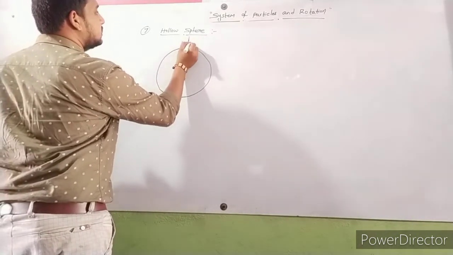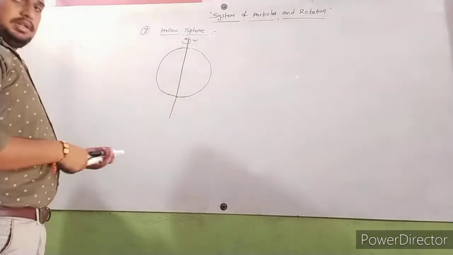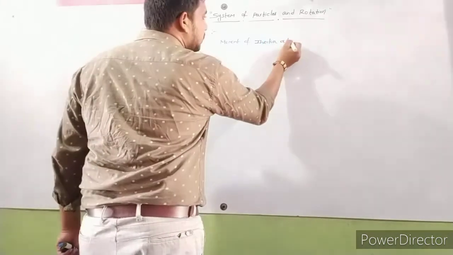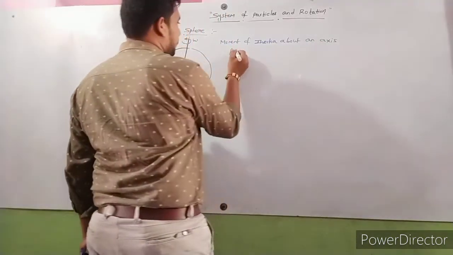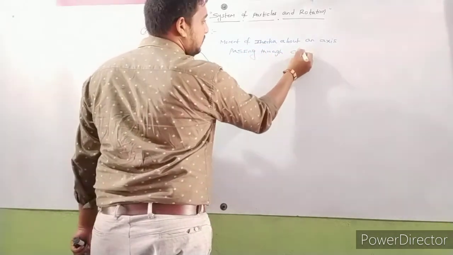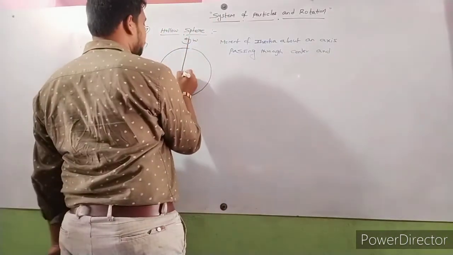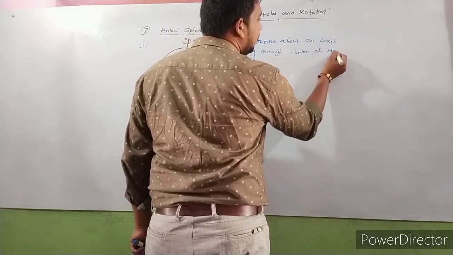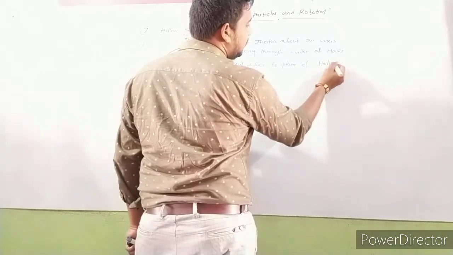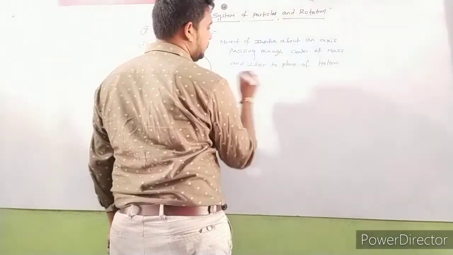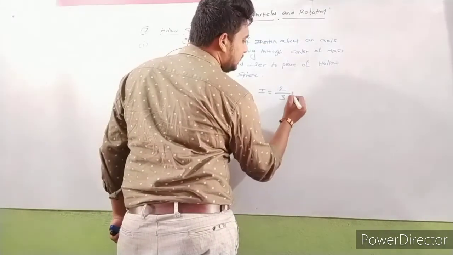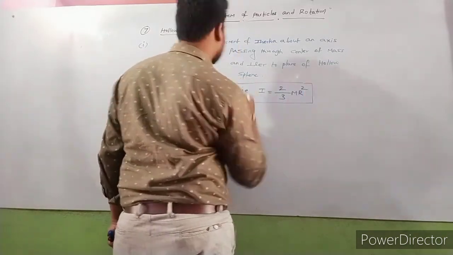If you rotate it like this, moment of inertia about an axis passing through the center of mass and perpendicular to the plane of the hollow sphere, I is equal to 2 by 3 into mr square.